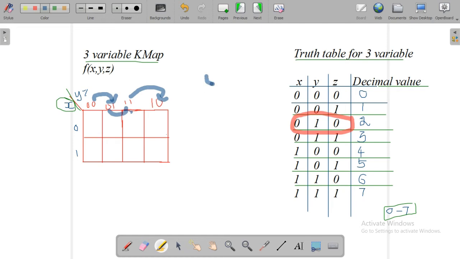And these binary numbers 0 0, 0 1, 1 1, 1 0, this binary code is called gray code.